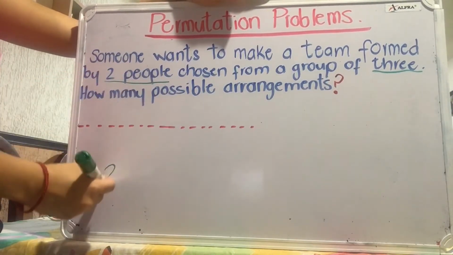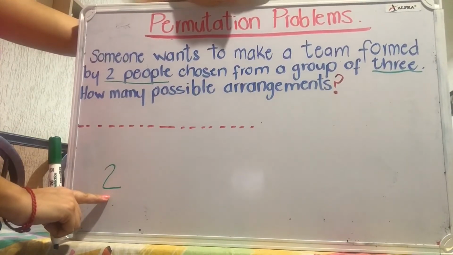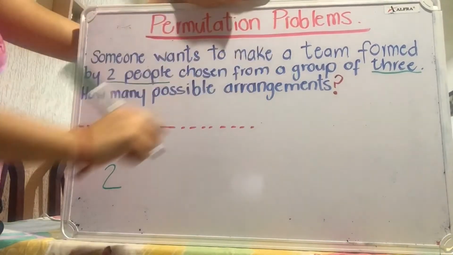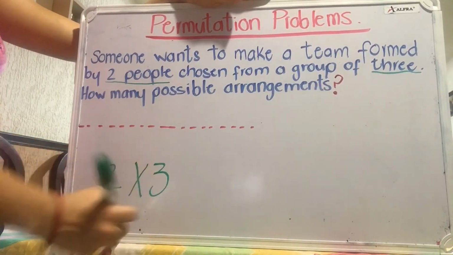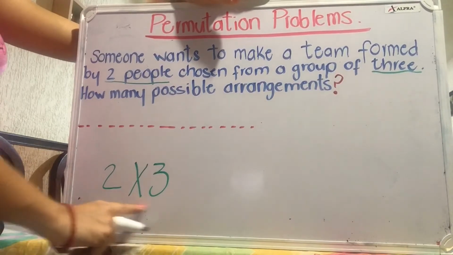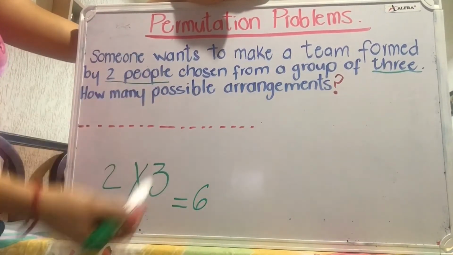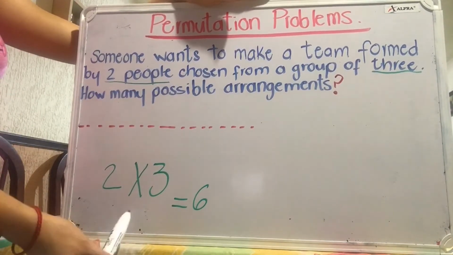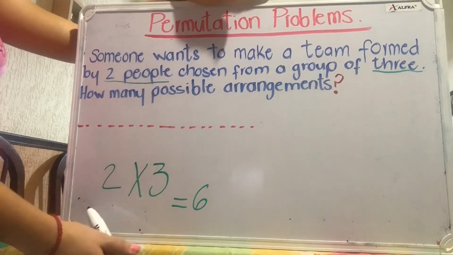My team needs to be made by 2 people. And I have to choose from a group of 3. This is my second group of options, 3. 2 times 3 equals 6. It is very easy. You just have to identify the groups of options you have and multiply the quantities.